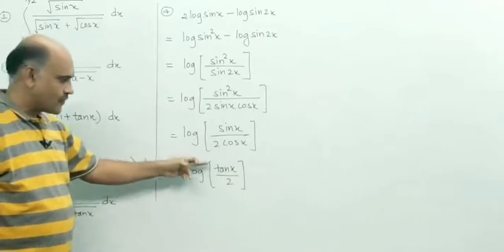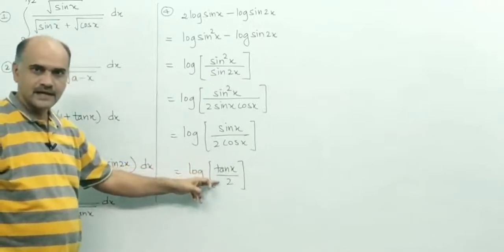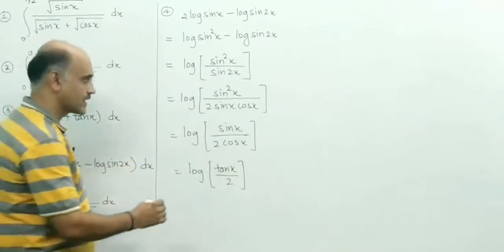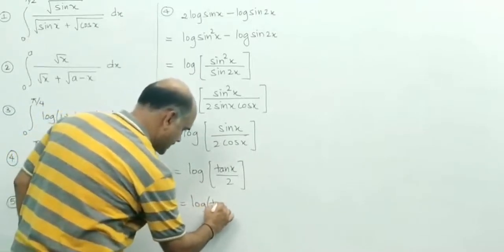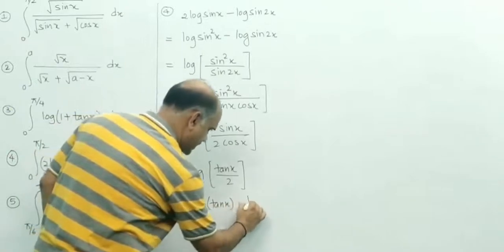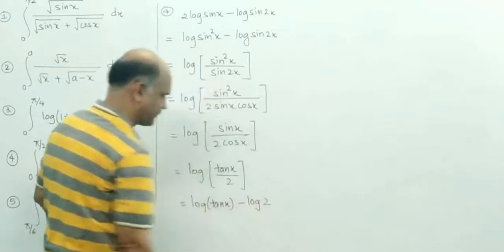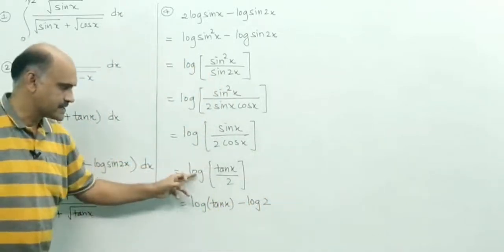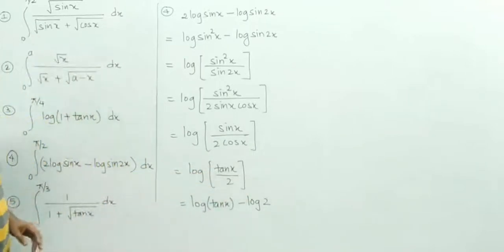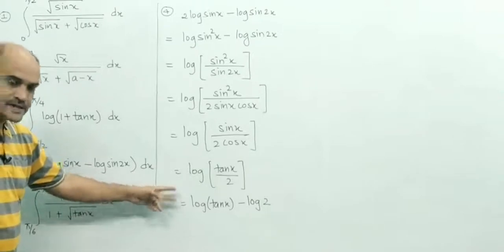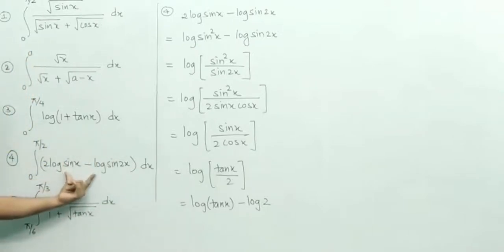Now it is in the form of log m by n, so I will write it as log m minus log n. So log of tan x minus log 2. Log m by n is log m minus log n. Now this I will use in place of 2 log sin x minus log sin 2x.